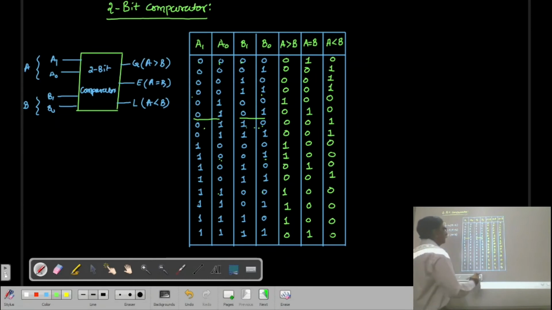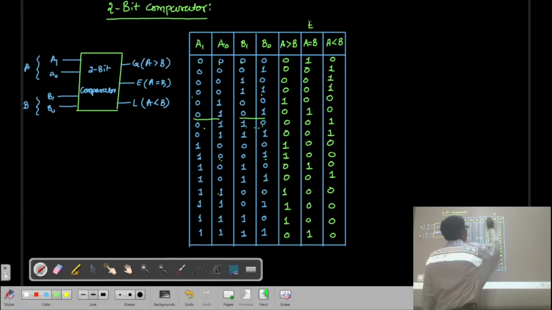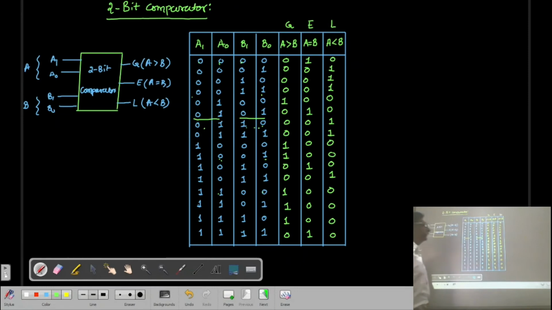Now remember, here this expression we will write as E, this expression we write as G, and this expression we write as L. If we write the expression bit by bit, B0 compared with A0, what is the expression? B1 is compared with A1, what is the expression?